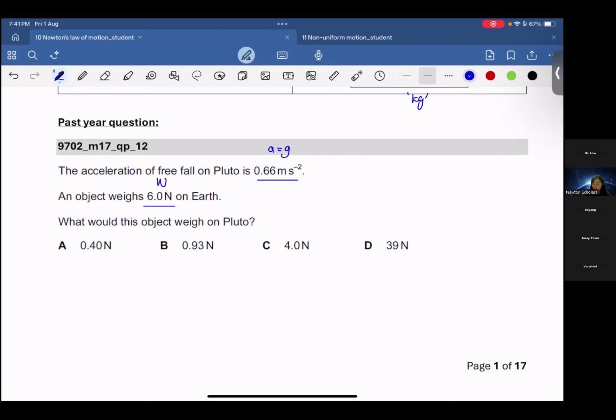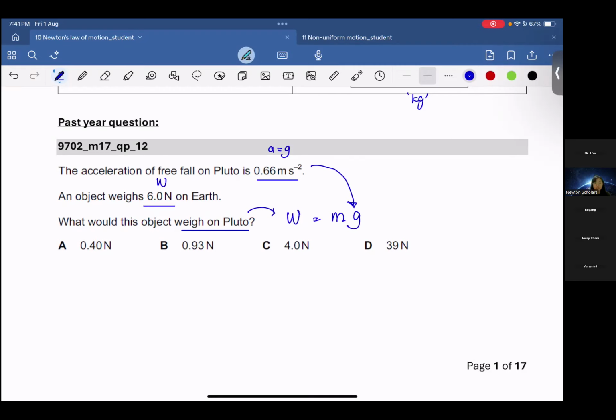So what is the weight on Pluto? Of course, the weight on Pluto, W equals mg. The g for Pluto is this one. What information you don't have, you have to find, the mass. Fawel says A, yes. Okay, boys and girls, try again if you got the wrong answer.